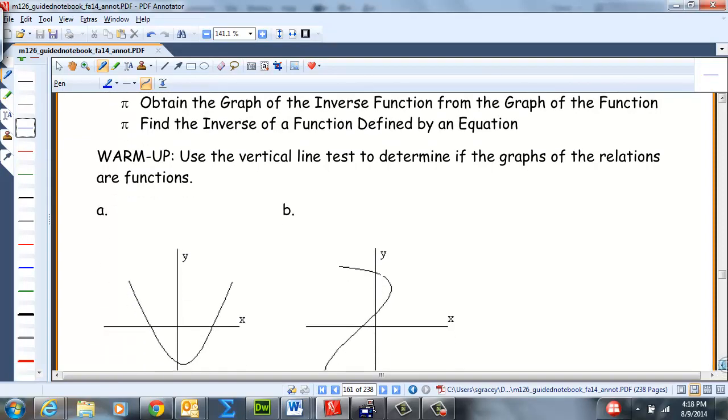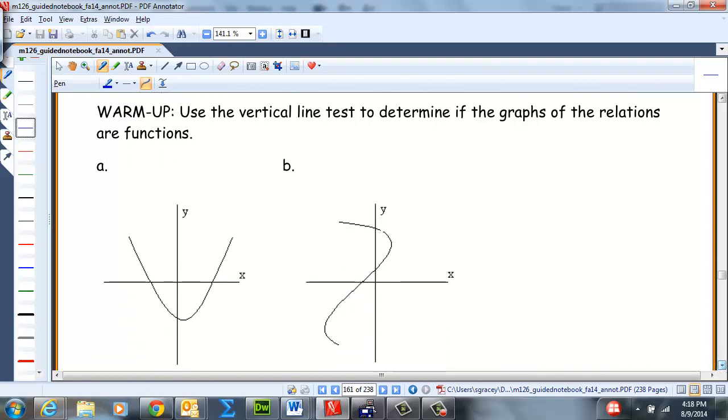You may recall that in order for a graph to pass the vertical line test, you can only pass through one point on the graph no matter where you draw a vertical line. Do you see this definitely passes the vertical line test?